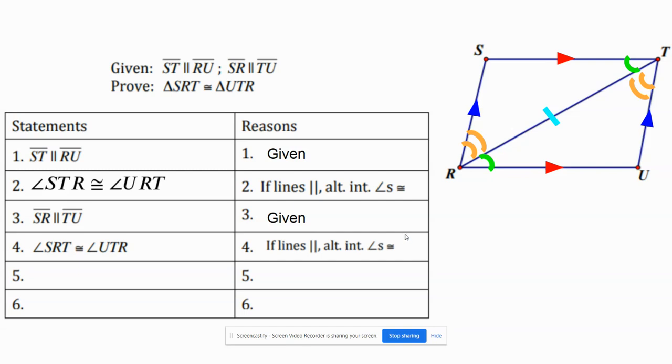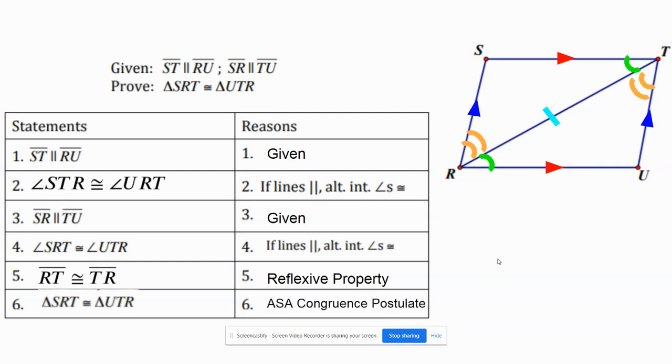Now, I already kind of gave 5 away having this tick mark here, but I did put this on my picture because I know I'm going to end up using that side because it's the reflexive property. So I have RT being congruent to TR by the reflexive property. It's the same line on both triangles. So now I have 2 angles with a side sandwiched in between. So that would be the angle side angle congruence postulate.